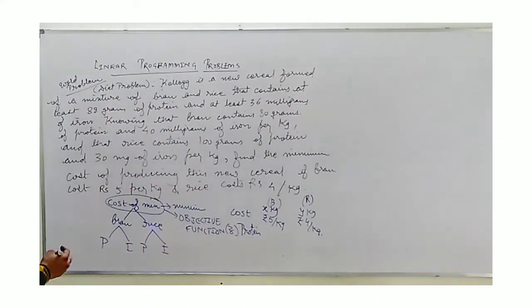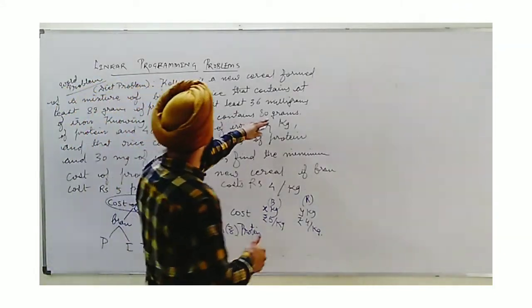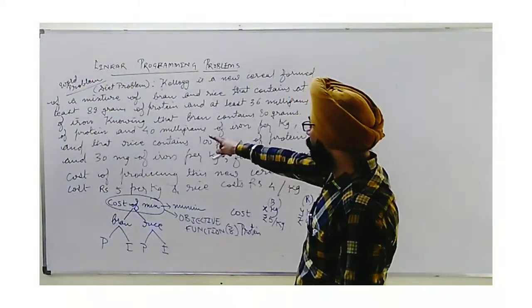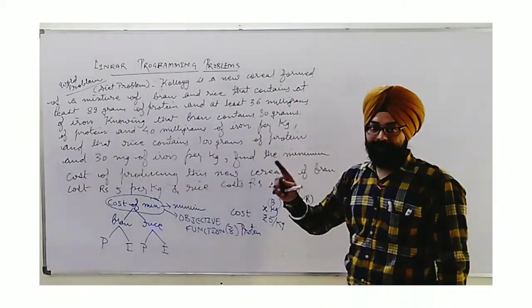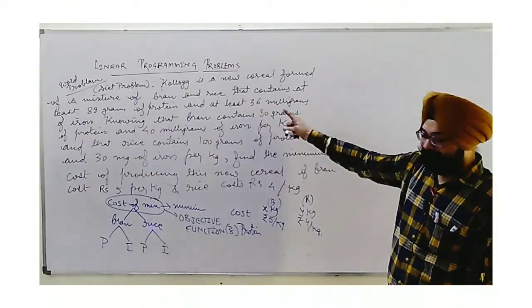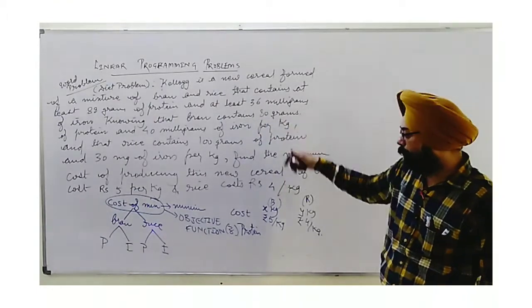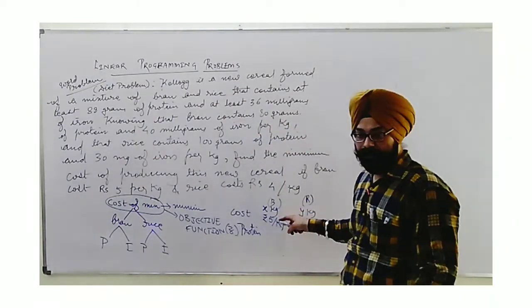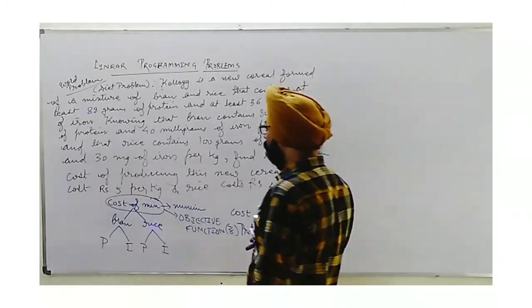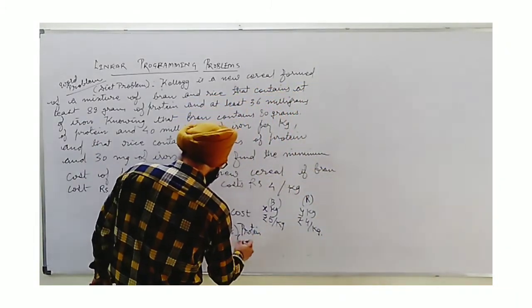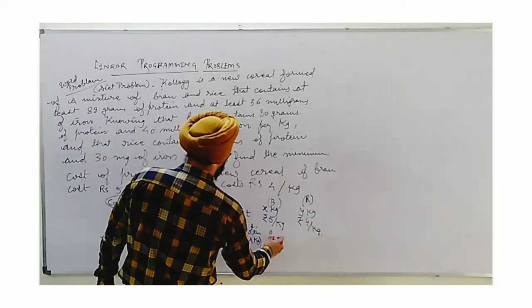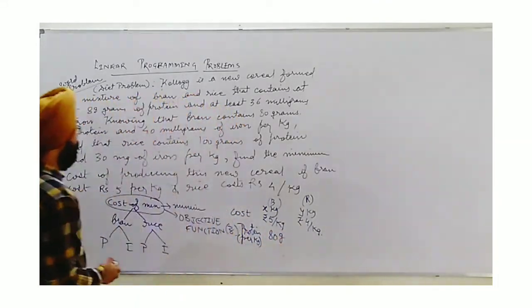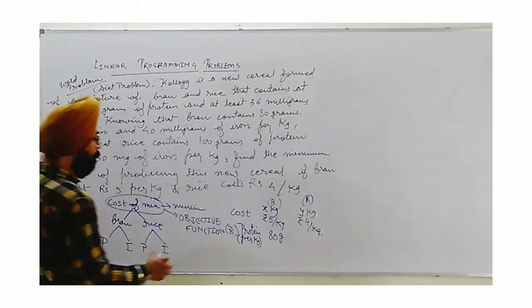In bran, the content is given. Bran contains 80 grams of protein and 40 milligrams of iron per kg. In 1 kg, you have the quantity given. Bran has 80 gram protein. So we have considered x kilogram. Later we will see, but we have to write here the protein quantity. So you can write here per kilogram. Protein per kilogram is 80 gram. And iron is given 40 milligram.